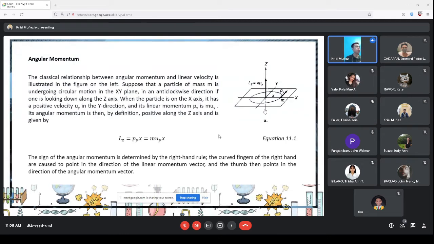Intro before this one, class, as we have already discussed, we know for a fact that n limits the values of L and L limits the value of M sub L, and we just can't have a correct or an accurate 3D representation for those wave functions which have a non-zero L, L equal to 1, L equal to 2.